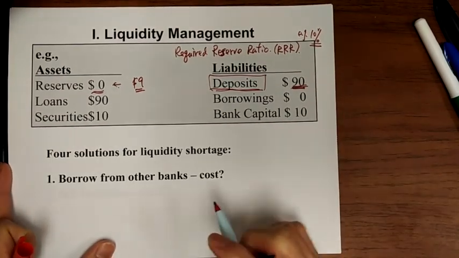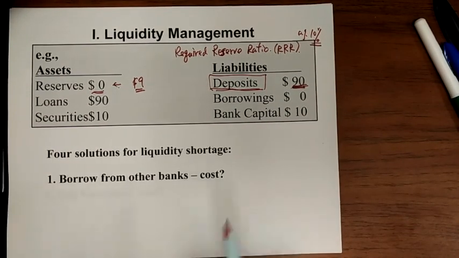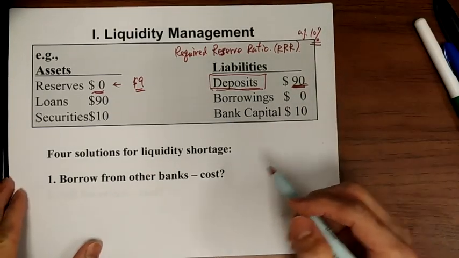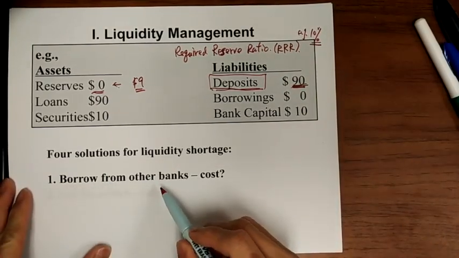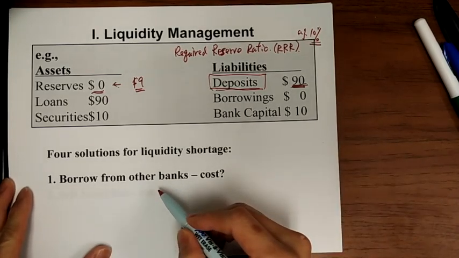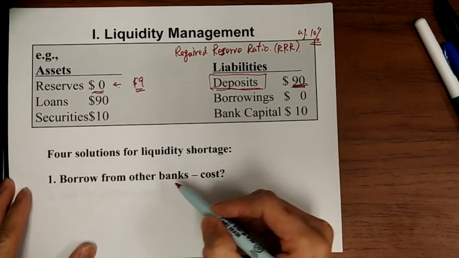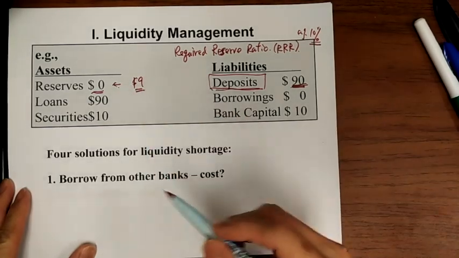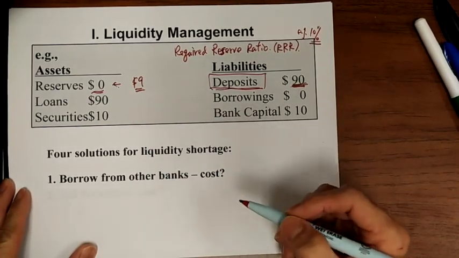The first solution and the most used solution is to borrow from the fellow commercial banks. Where do they go to borrow reserves, cash, from the fellow commercial banks?